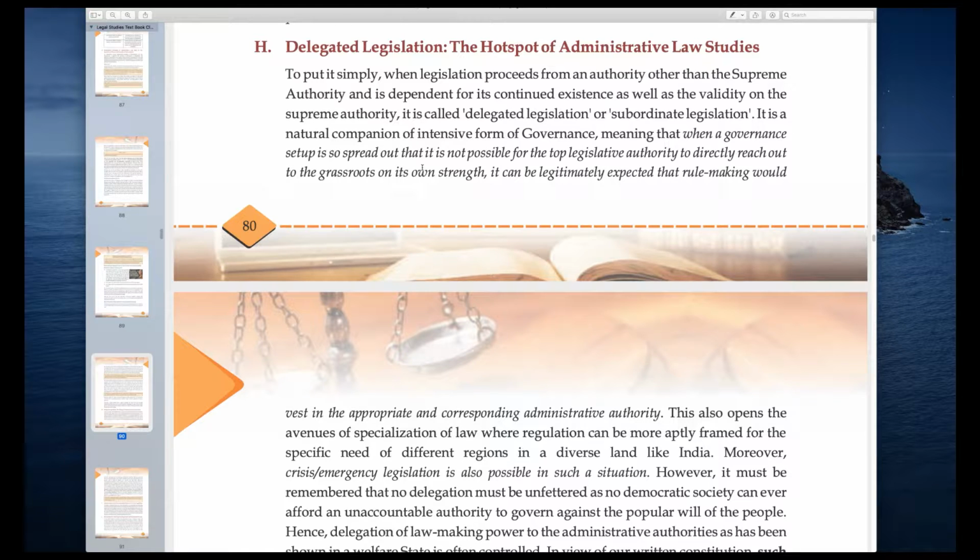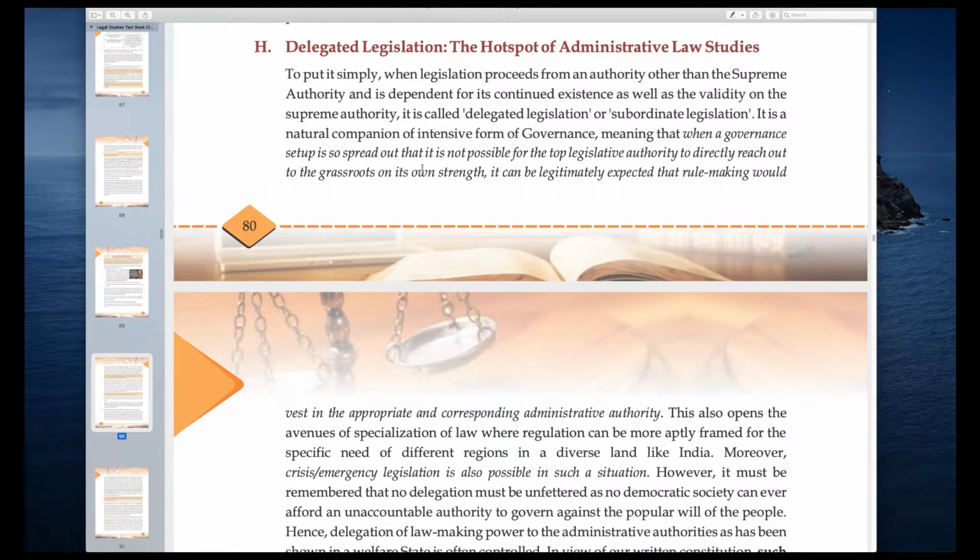So first, if you remember the meaning of delegated legislation, first understand that the parliament is there. Its duty is to make the law, to legislate. And we see that every act or law is made by only and only parliament in case of a subject that belongs to the union list.